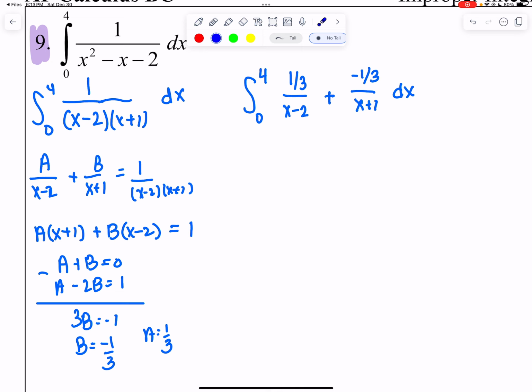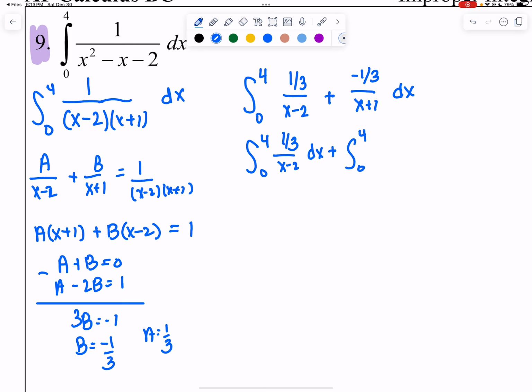Now, like I said, this fraction right here is going to be improper. This one right here, I'm going to split it up so that it doesn't deal with this right here. This fraction on the right is not improper, so we can evaluate this.